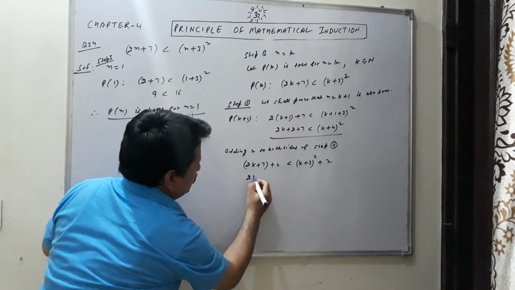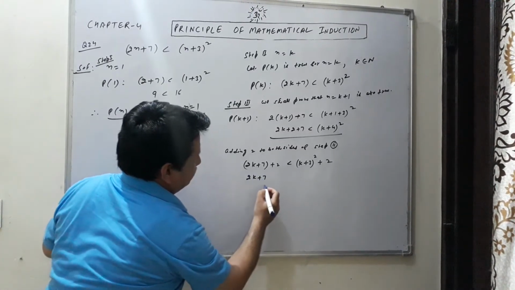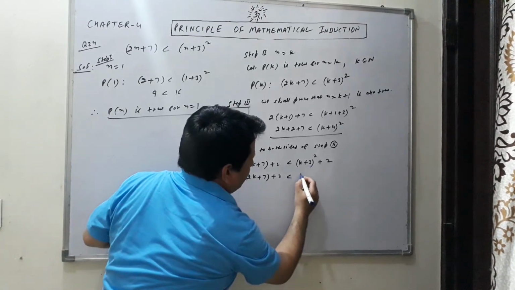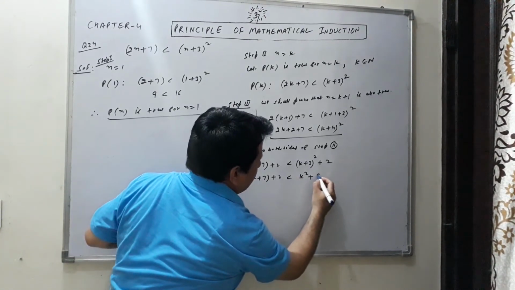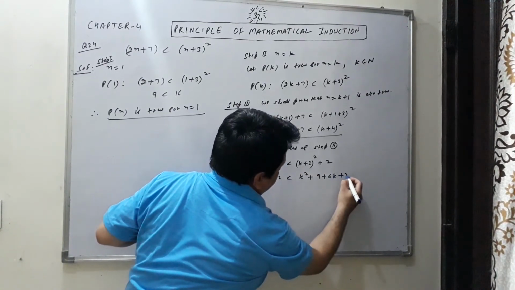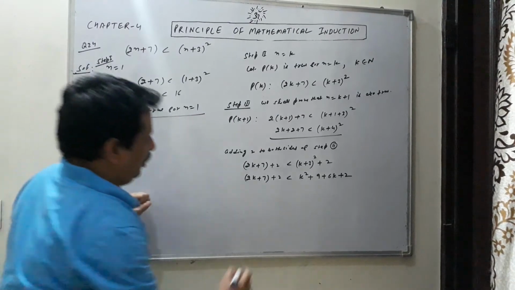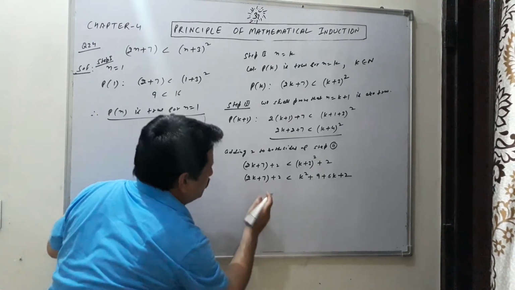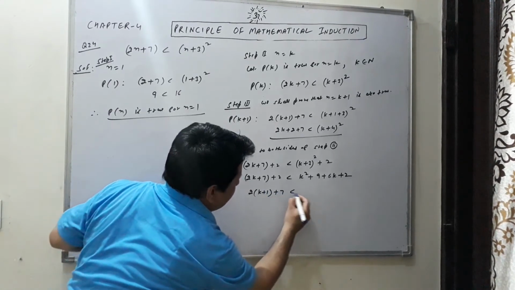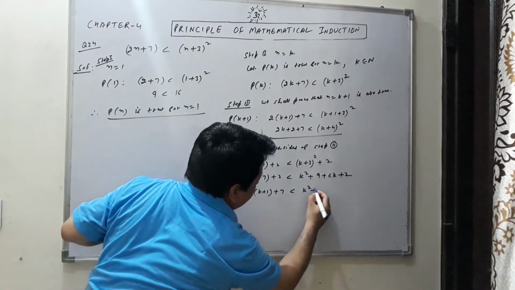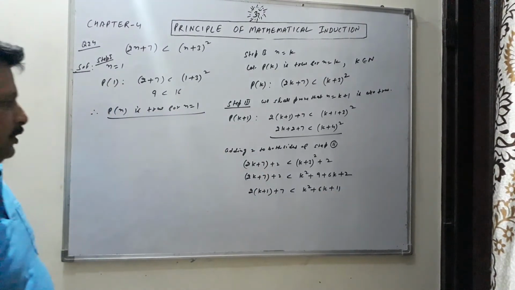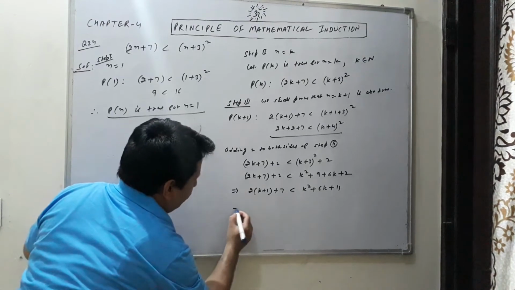It will come as 2k plus 7 plus 2 is less than k square plus 9 plus 6k plus 2. Or if you combine this 2, it will come as 2 into k plus 1 plus 7 is less than k square plus 6k plus 11. Right, students? We can write the sign of implies.